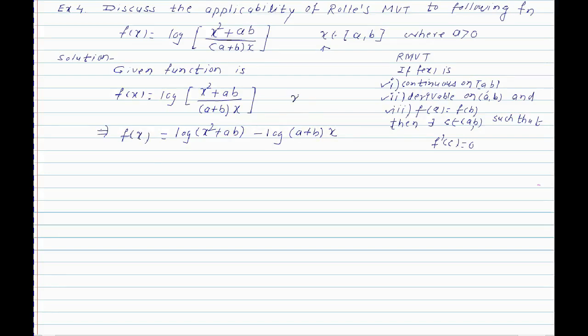Where x is a point in the closed interval a to b and a is positive, that is all values of x in the closed interval a to b are positive. This implies that f of x is a continuous function on the closed interval a to b.